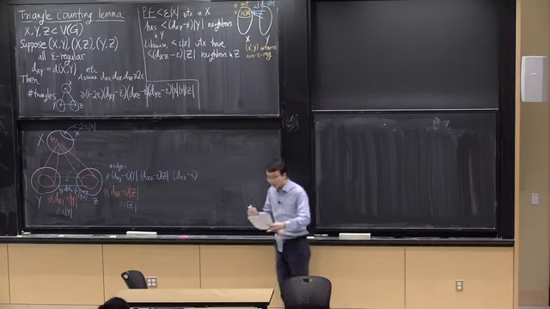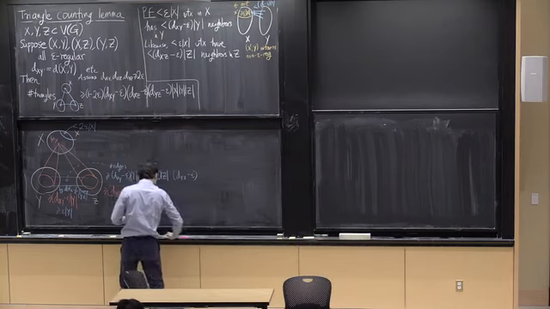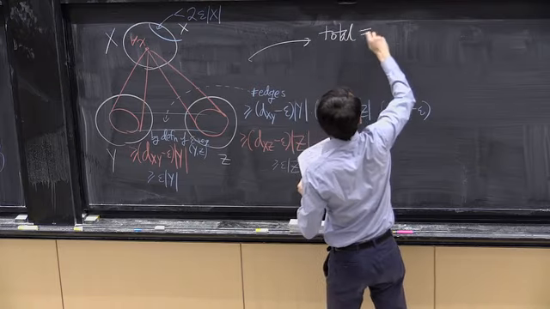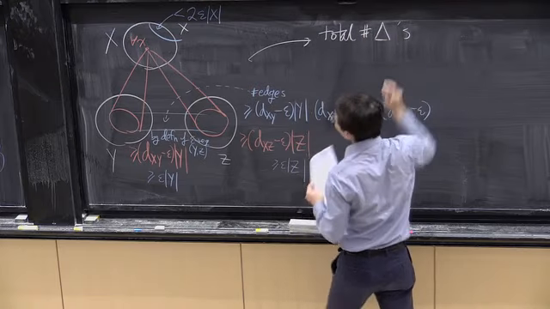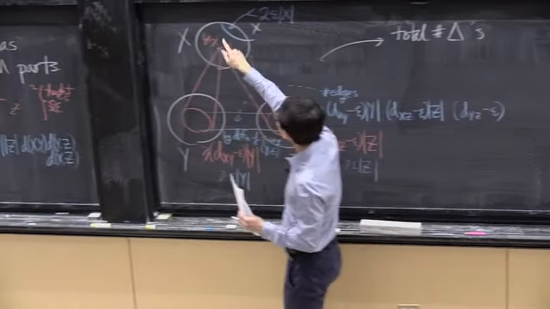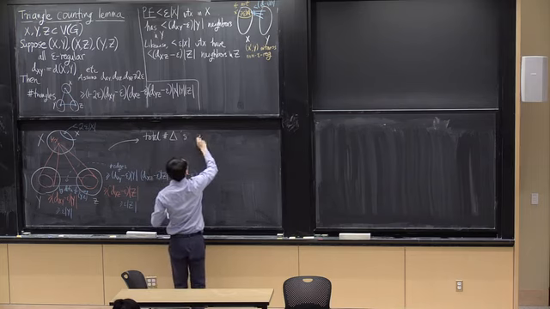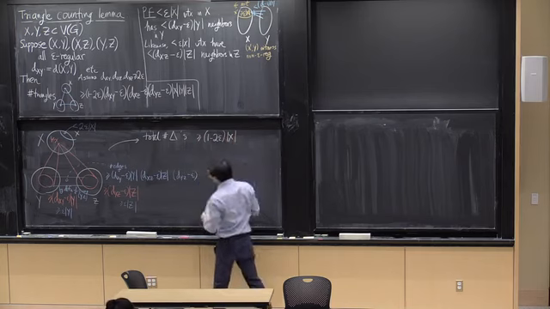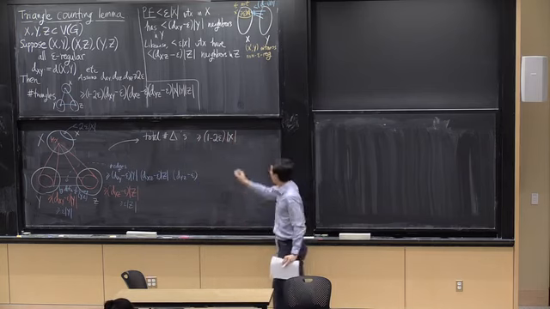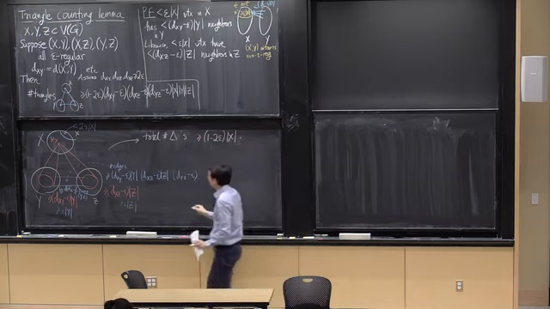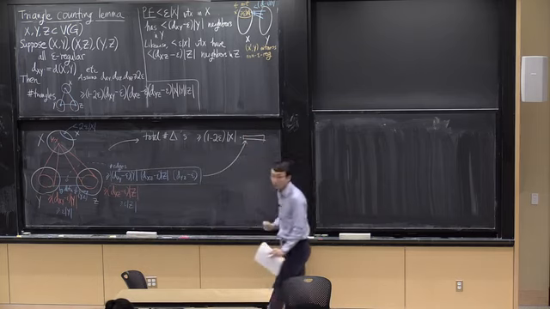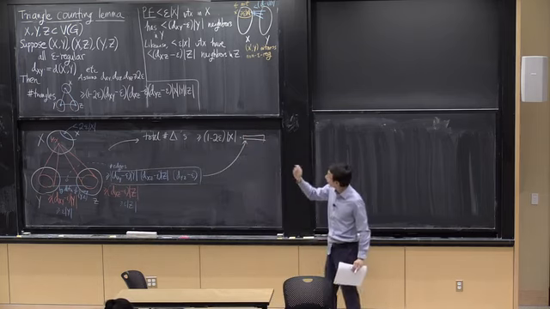Okay. So putting everything together, we find that the total number of triangles, looking at all the possible places where x can go, is at least 1 minus 2 epsilon times the size of x, and then multiplied by this factor over here. Okay, so we find the statement up there.